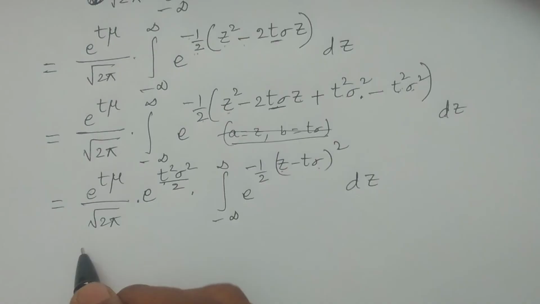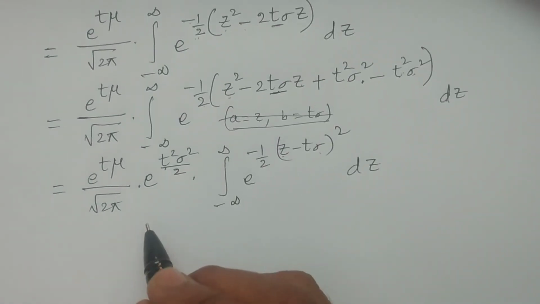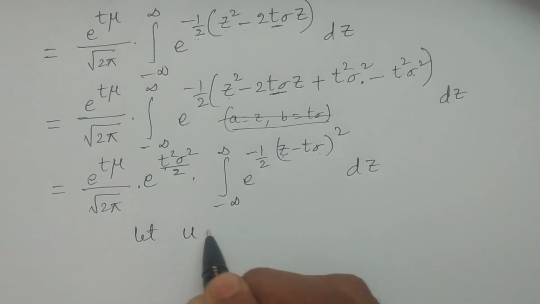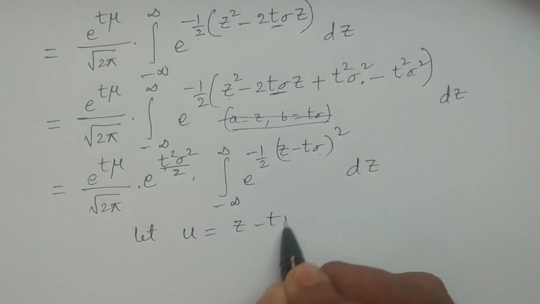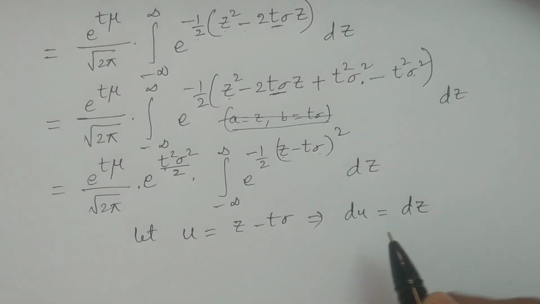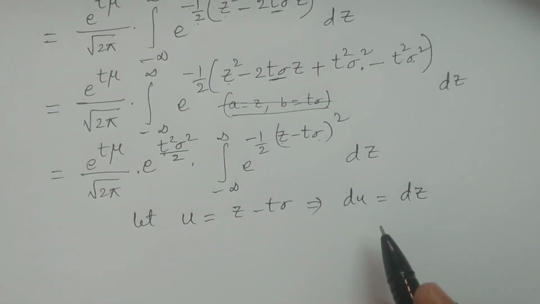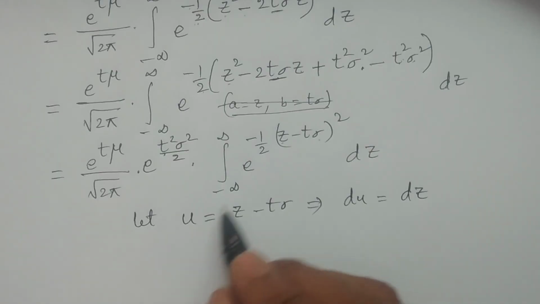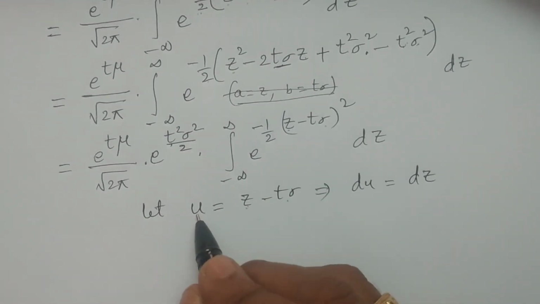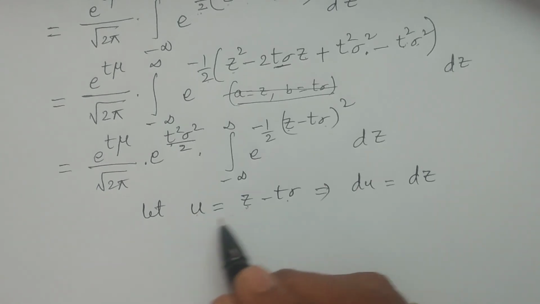To resolve this integration, let u be another variable, z minus t sigma, which implies du is equal to dz. The limits do not change: limits of u are minus infinity to infinity, because of z minus t sigma. If z is minus infinity, u is minus infinity; if z is infinity, u is infinity.